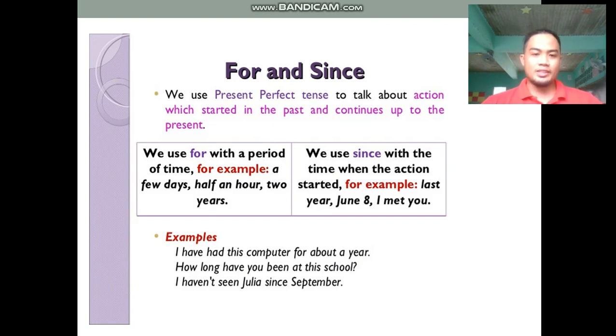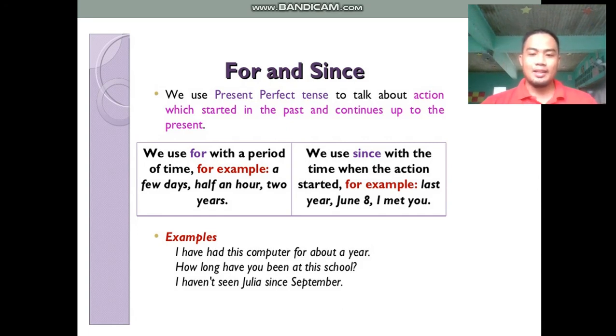Next is for and since. So we use present perfect tense to talk about action which started in the past and continues up to the present, di ba? Kaya mo na meaning sang perfect present tense. And we use for with a period of time, for example, a few days. For a few days, for example, ang sentence mayara nga for a few days, for half an hour, for 2 years, so may specific period of time. And we use since with the time when the action started.